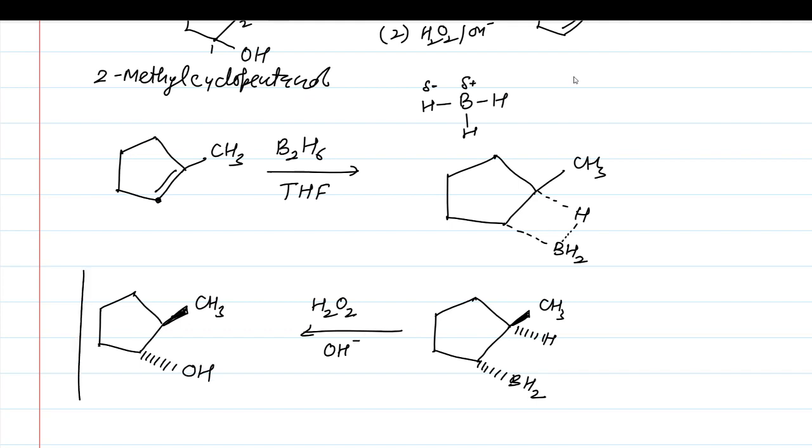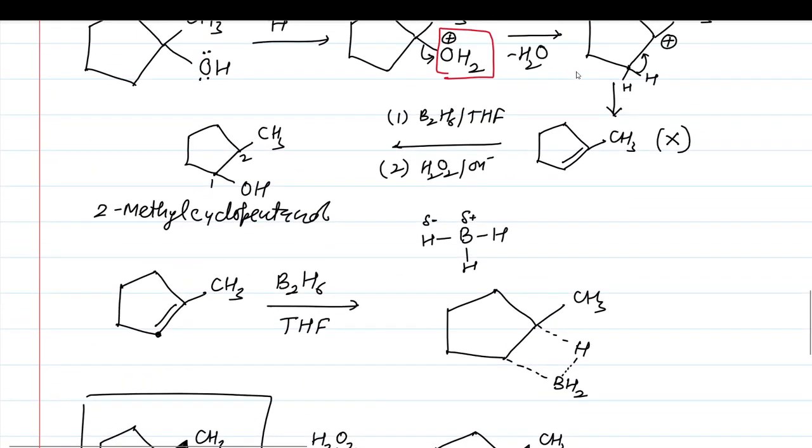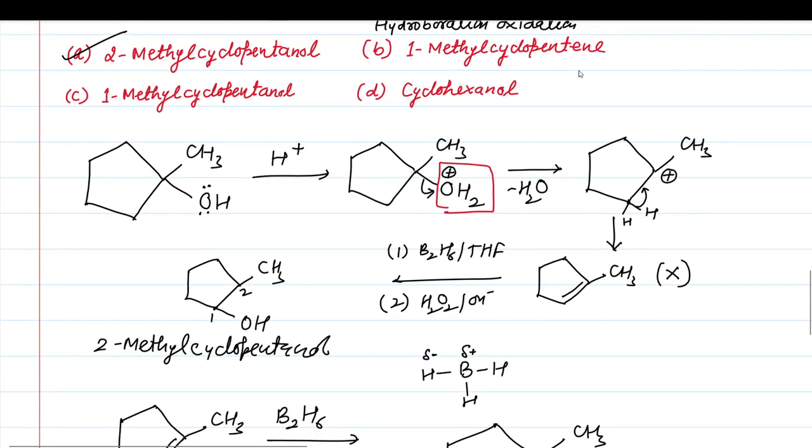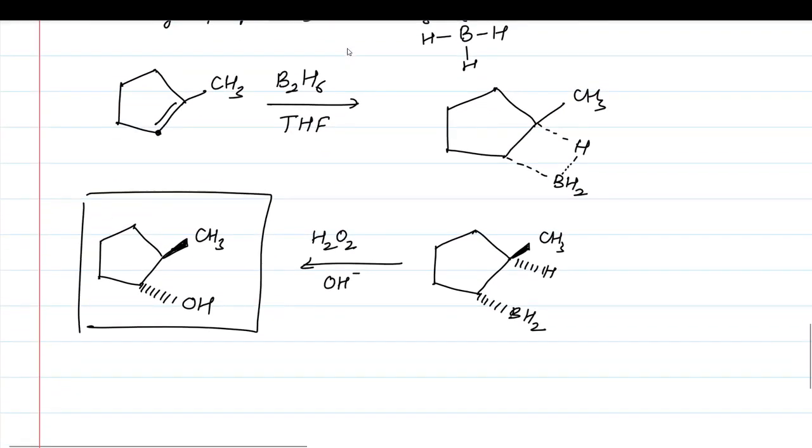This is the stereochemistry of the product formed, meaning CH3 is above the plane and OH attached is below the plane. Okay, so that's all about this question. If you would like to get the answer, it can be written here, okay. But as far as stereochemistry is concerned, you can go like this.